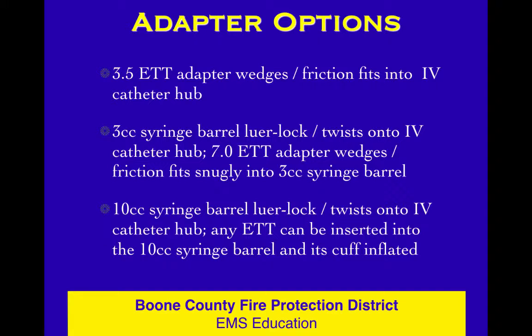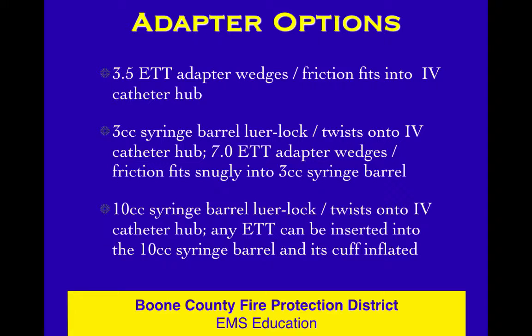You're using a 14 gauge long to do your needle crike. So there's a 14 gauge IV hub sticking out of the neck of this patient, and you can just wedge in a 3.5 ET tube adapter, hook your bag up, and there you go. I'm a little concerned because I think it's going to keep coming loose, but maybe not. And so maybe that's an okay plan.